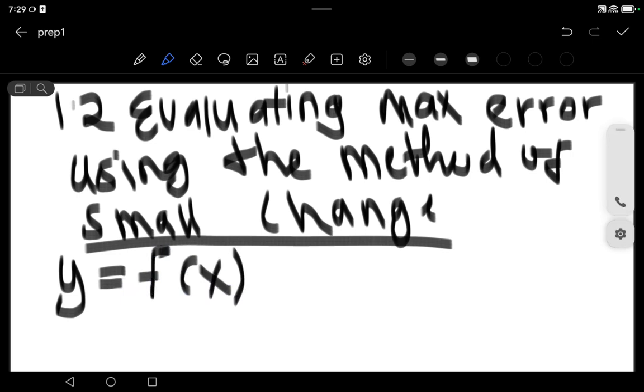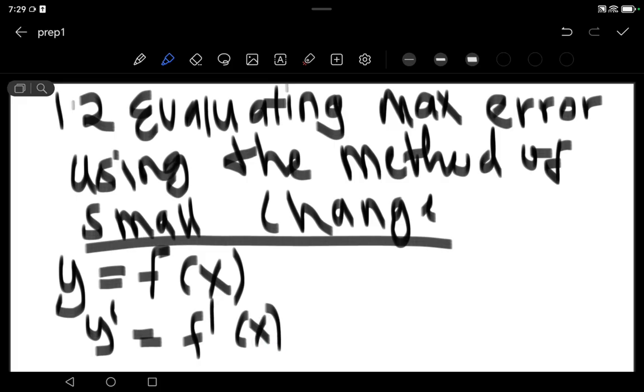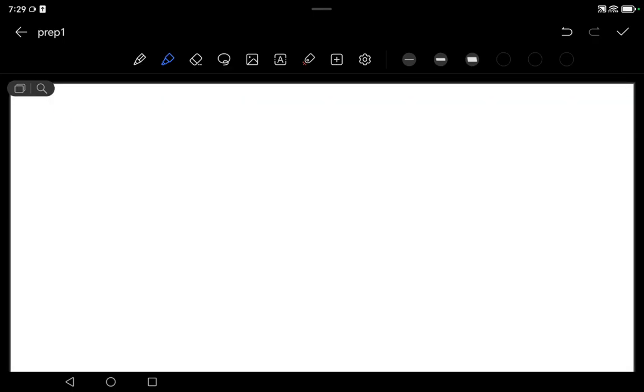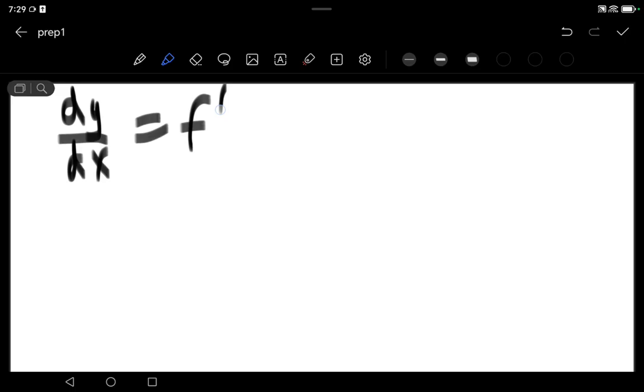And then if we're differentiating, y prime is equal to f prime. This is the first derivative. Also we can write the derivative like this: dy over dx is the same as f prime of x. This is the other form of differential, the other way to differentiate.